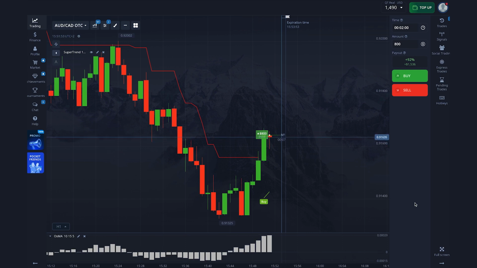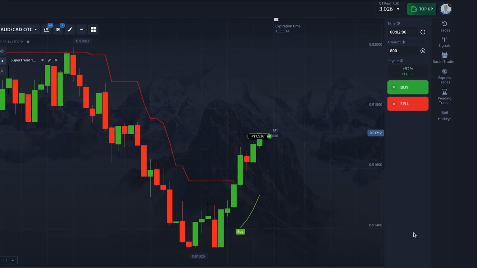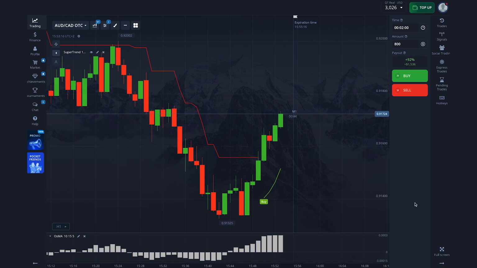The strength of the momentum and the behavior of the candles show that the market is set to grow, which means that the probability of making a profit in this situation is very high. The result is a plus of $736. The balance continues to grow, and the strategy works predictably.